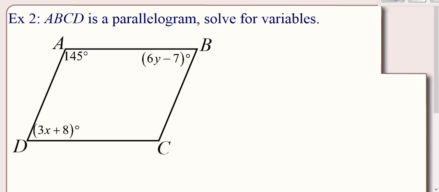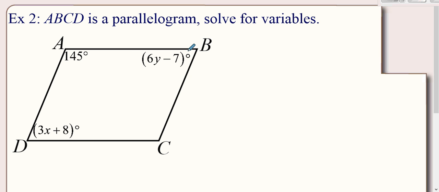Here we've got another parallelogram. This time we've got angles marked. We know that opposite angles are congruent. Since opposite angles are congruent, and we also know that this is a quadrilateral, it's got 4 sides.